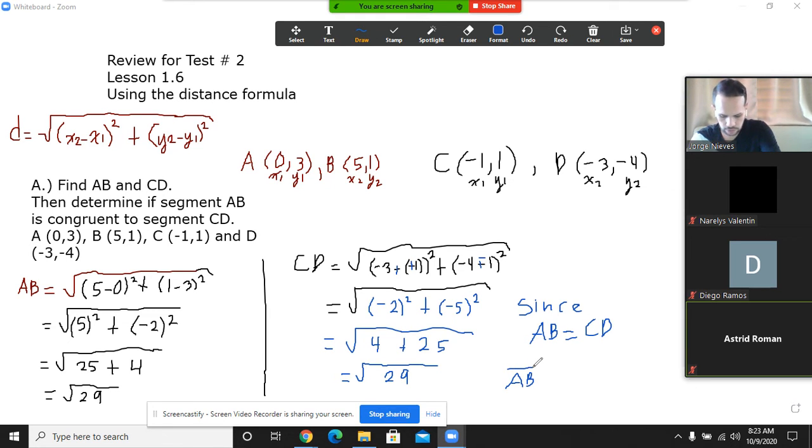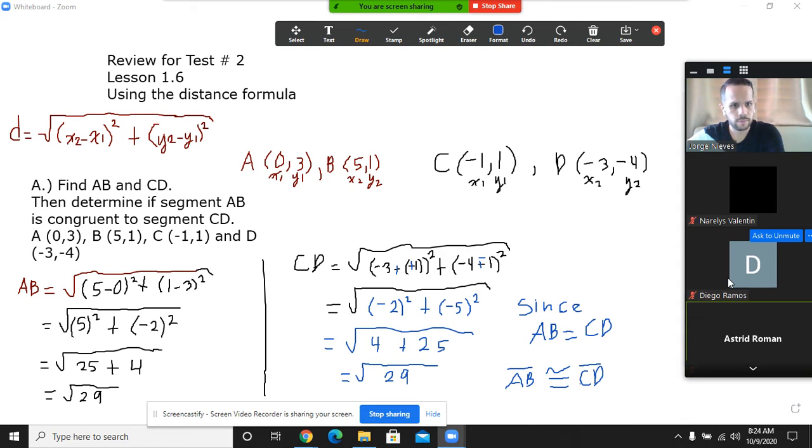This is how you write it, the symbol that we're going to use. Segment AB is equal or congruent to segment CD, and we're done, okay? This is what you're going to do. Any questions about this process, okay? So basically you're going to use the distance formula to look for the distance of this segment, okay?